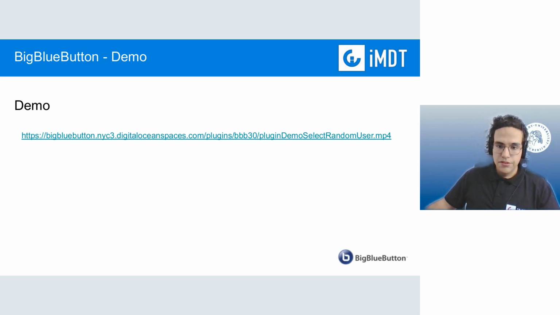You can clear the previously selected, so you can choose another one again. And that's pretty much it. Hope you guys enjoy these new features of the select random user. Thank you.